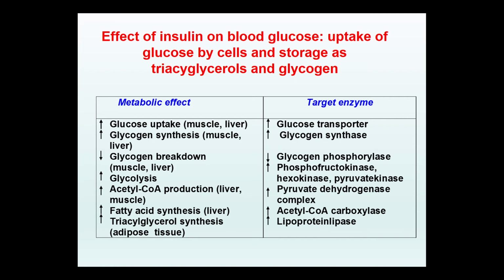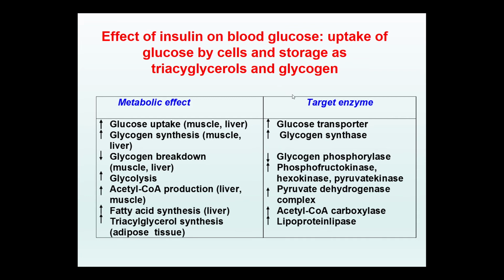So insulin stimulates production of fat from the excess glucose in the absorptive period. In summary, the effect of insulin is to favor the conversion of excess blood glucose into two storage forms: glycogen in the liver and muscles, and triacylglycerol in adipose tissue.